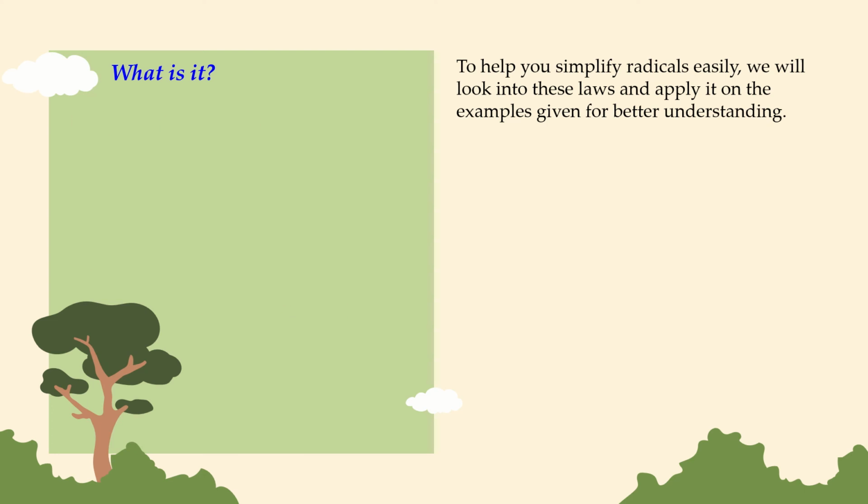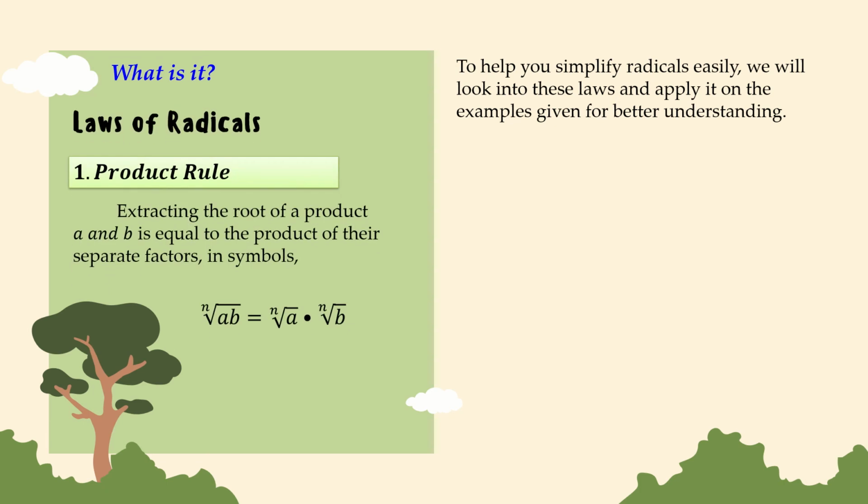To help you simplify radicals easily, we will look into these 13 laws and apply them on the examples given for better understanding. So we'll start with the first law of radicals, the product rule. Extracting the root of a product a and b, square root of a and b.